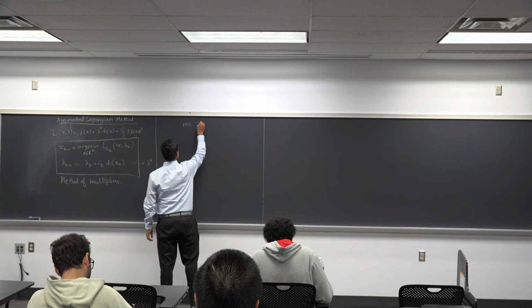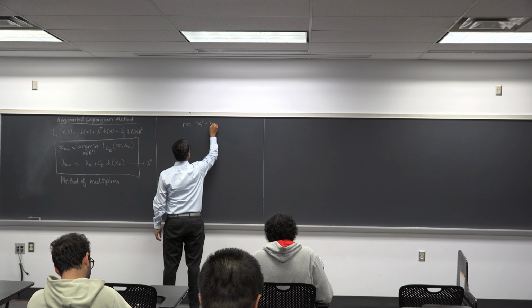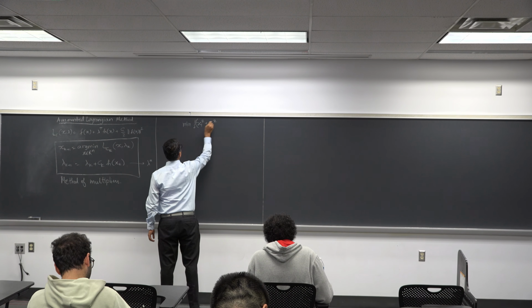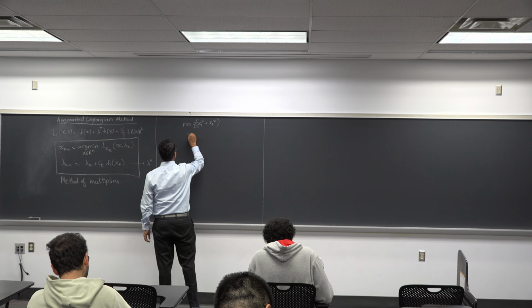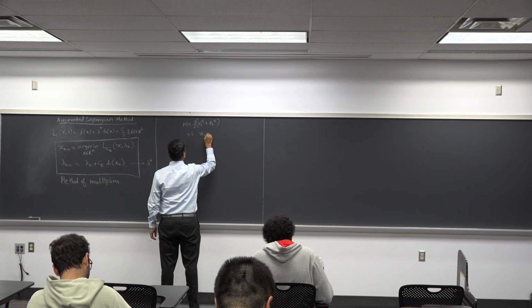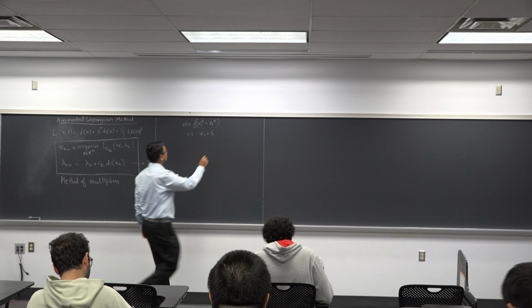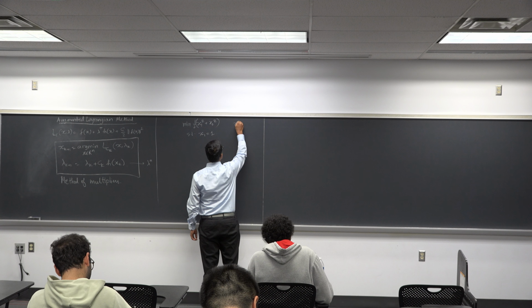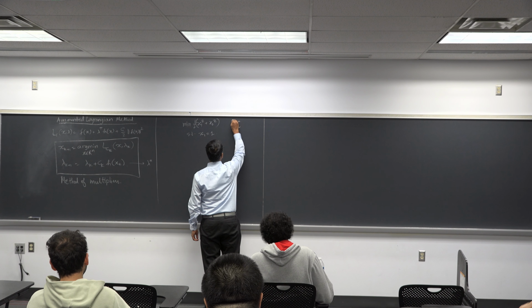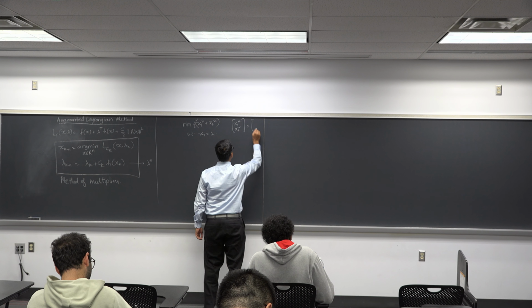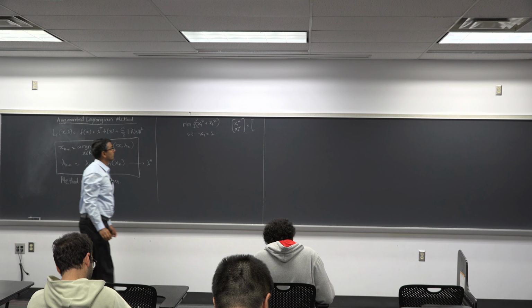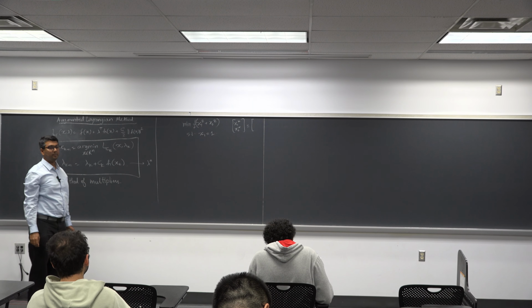I want to apply this algorithm to a simple problem. I want to minimize x1 squared plus x2 squared such that x1 is equal to 1. What is the optimal solution here? What is x1 star, x2 star? Can you solve it by hand?